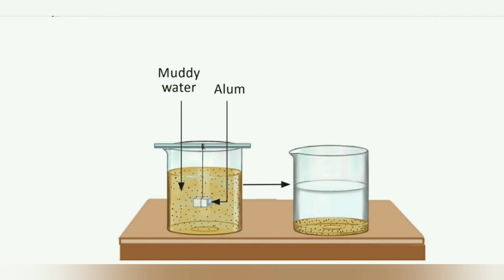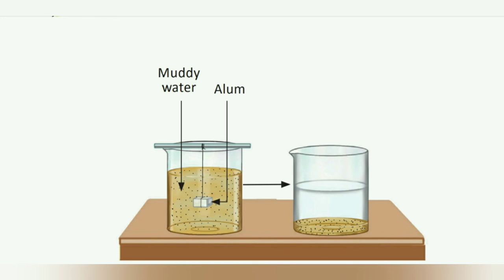So in this way, it increases the rate of sedimentation. So what is loading? The process by which the rate of sedimentation is improved by adding some chemicals is called loading.